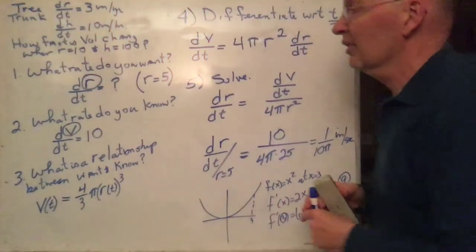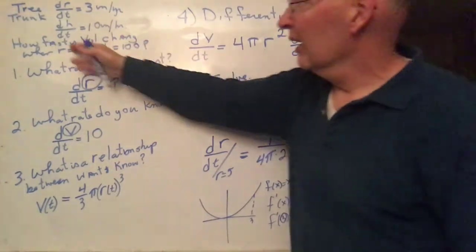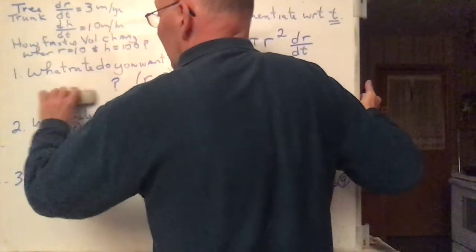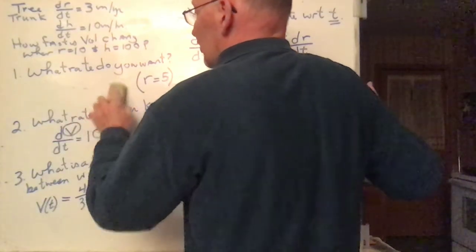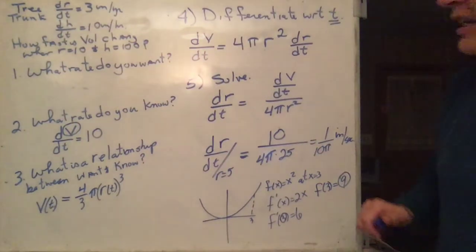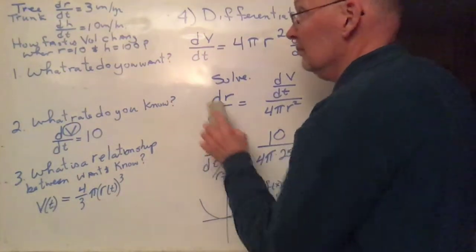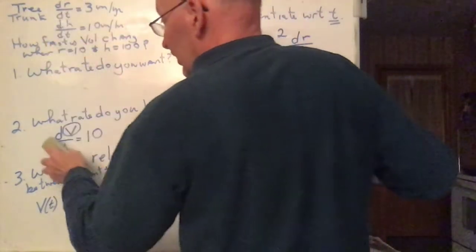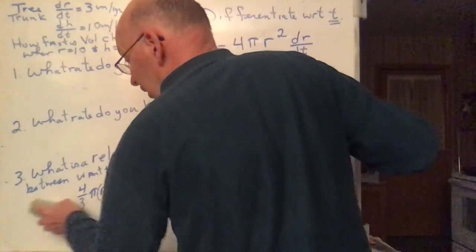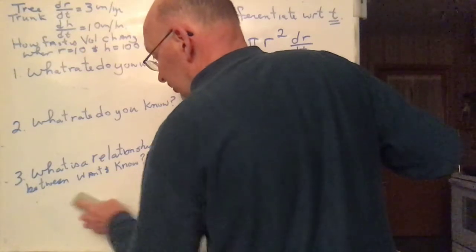Okay, and again, just for ease of space and so on, I'm abbreviating that, but normally in a problem it would just say something like the radius is changing at a certain rate, and the height is changing at a certain rate, and then you've got to realize that you need to put in dr/dt and such.